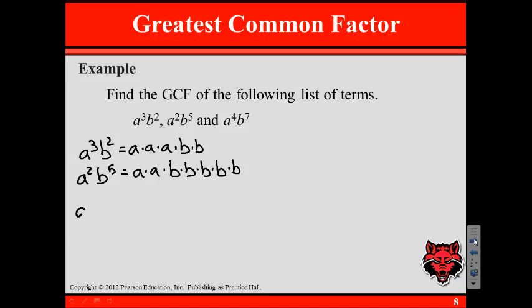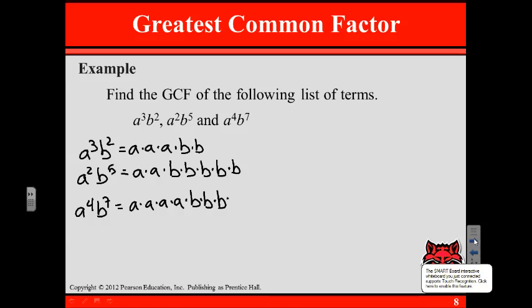And last, a to the 4th b to the 7th, we have 4 factors of a and 7 factors of b. There is a shortcut to this method, thankfully, because otherwise you can see how it takes a very long time to write all of these factors.